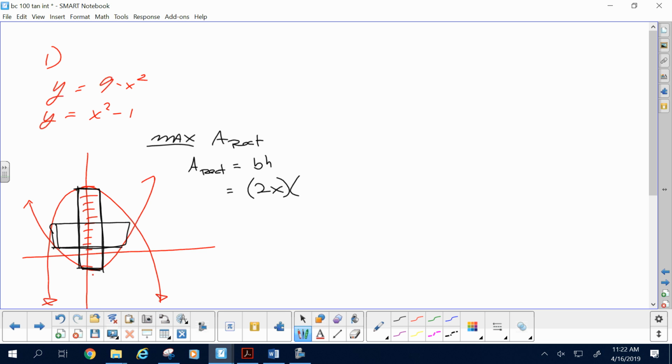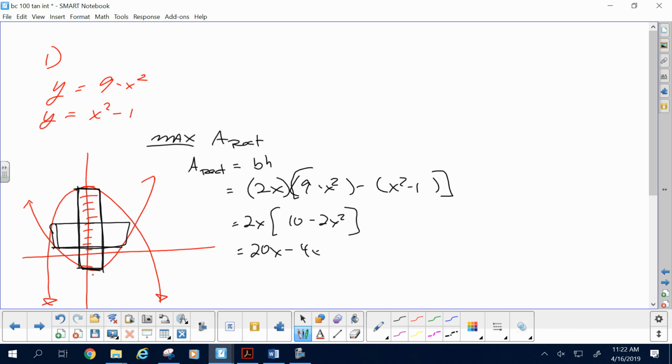So the height is the difference between the two: the upper curve, 9 minus x squared, minus the lower curve, x squared minus 1. Cleaned up before we do our calculus, that's 2x times 10 minus 2x squared, or even cleaner, 20x minus 4x cubed is the area.